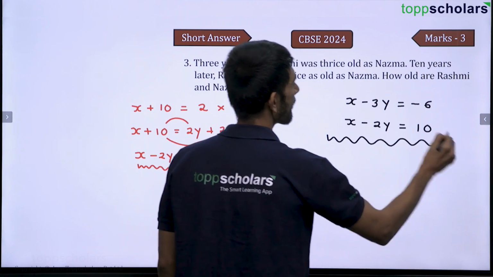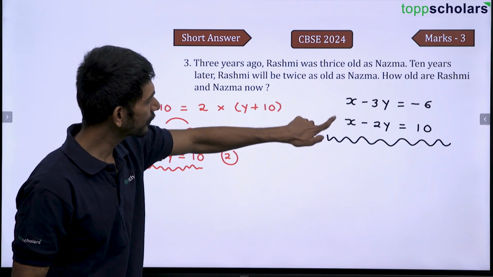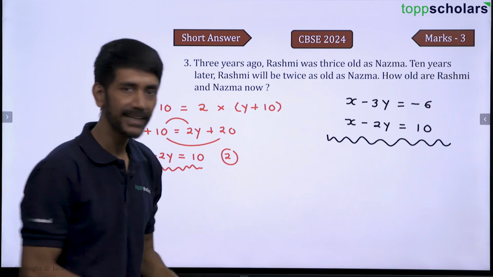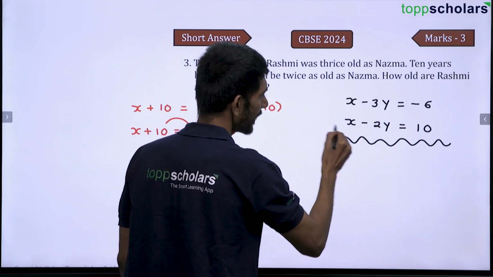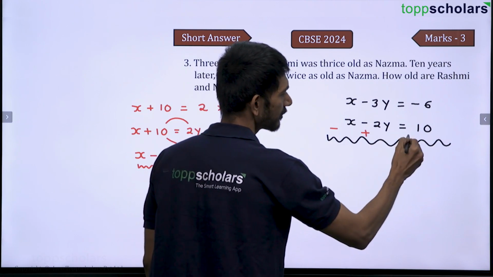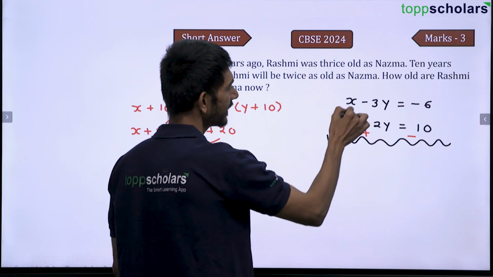Now, two equations. We can cancel x, but this is positive, this is positive. So we need to make the second equation negative so that we can cancel x. To change it, make this minus as plus, make this plus as minus. Now x and x gets cancelled.